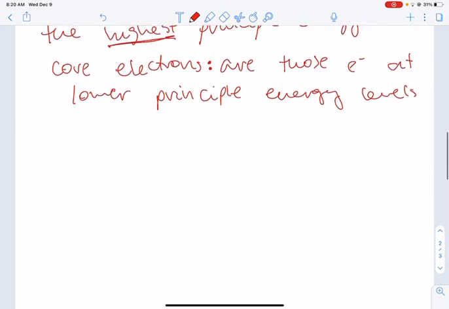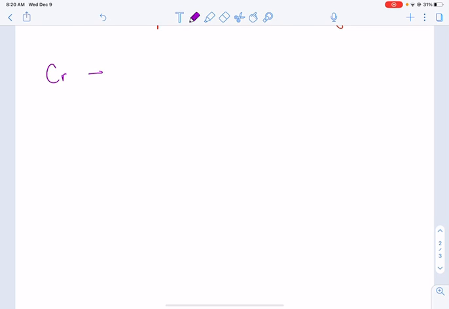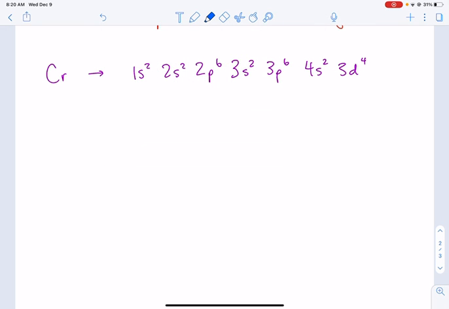Let us do another example. So let's do chromium. So 1s2, 2s2, 2p6, 3s2, 3p6, 4s2. Remember the d orbitals start one behind. So it's going to be 1, 2, 3, 4, 3d4. Now, I think it's probably easiest to figure out how many valence you have. So you look at the highest principal energy level. That would be 4s. Oh, let's keep our colors consistent, Mr. Hicks, please.